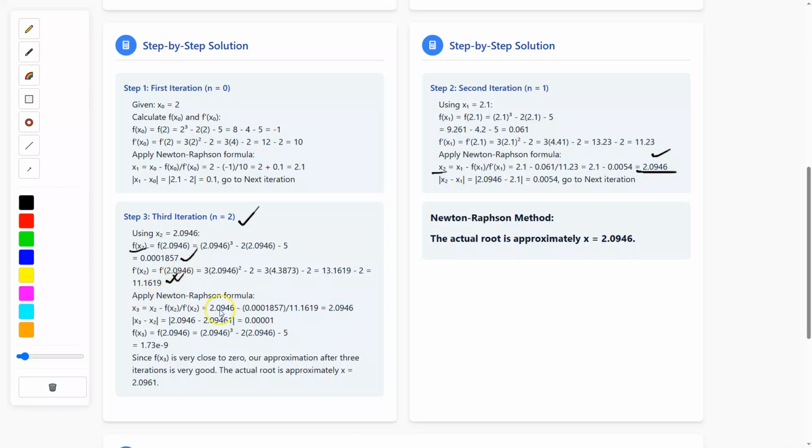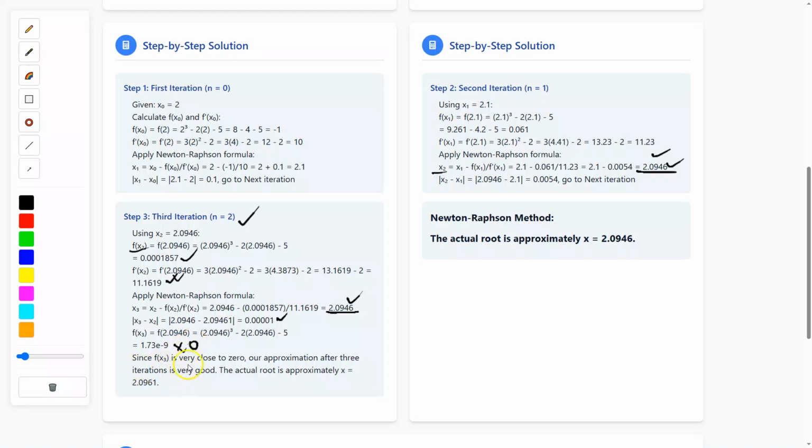Again apply the Newton-Raphson formula, and x3 comes to 2.0946. Consecutive two values are nearly the same, so x3 - x2 is about 0.00001. And f(x3) is 1.73e-9, which is nearly equal to 0.